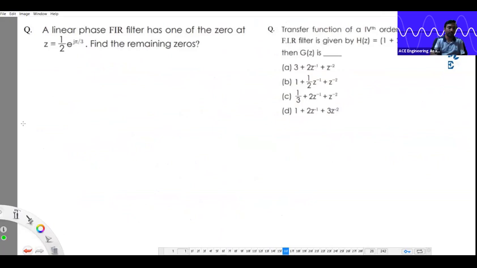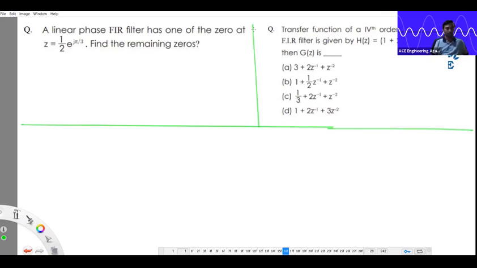Please answer this question. Left side question first.